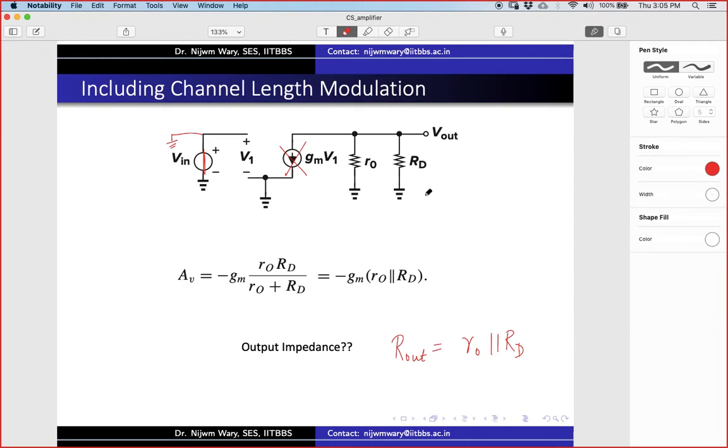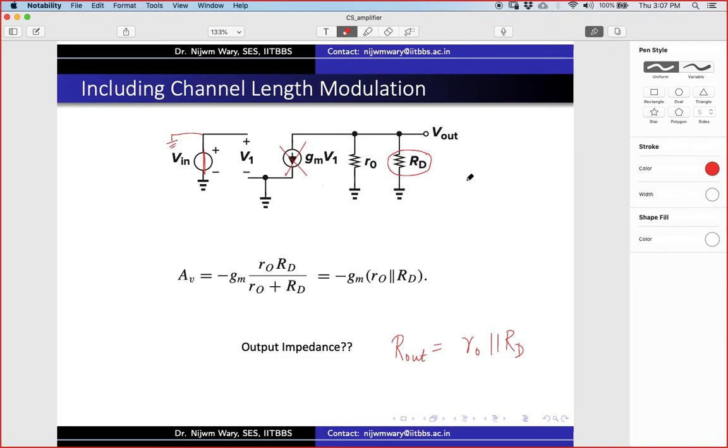These are quite simple analyses; you have also done it like that. So now I have one question. What is the maximum gain that I can get from this amplifier? We cannot go beyond that; basically, that's the limit. Are you getting my point?